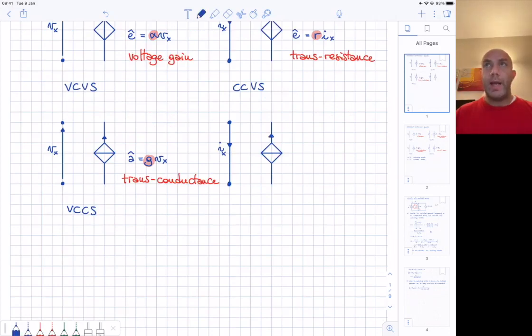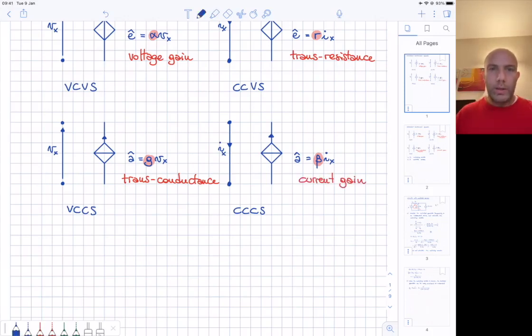Finally, the last element is the current-controlled current source, where the impressed current of the dependent current generator depends on a current that is defined somewhere in the circuit. And the proportionality constant beta is called current gain.